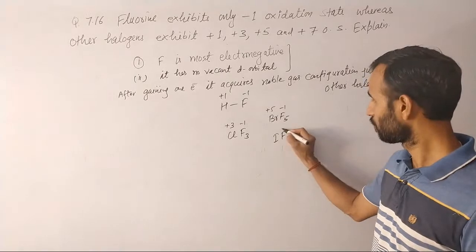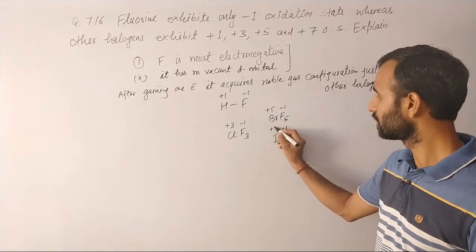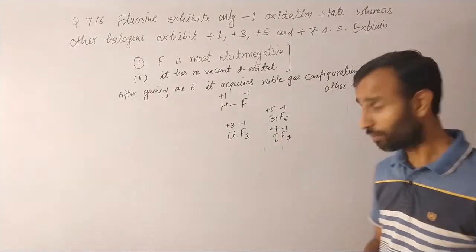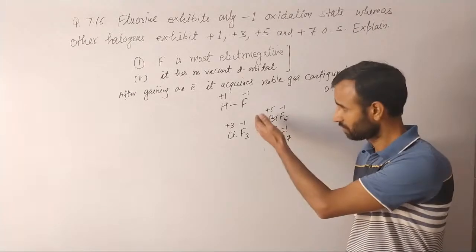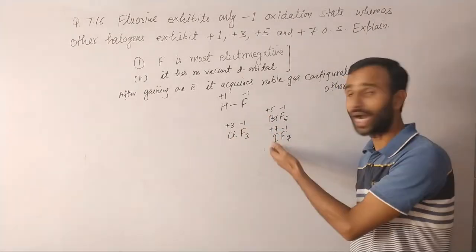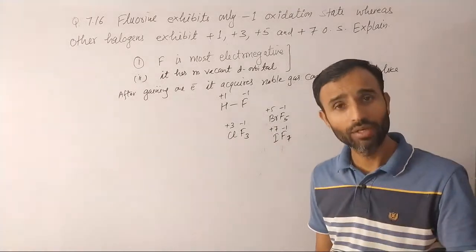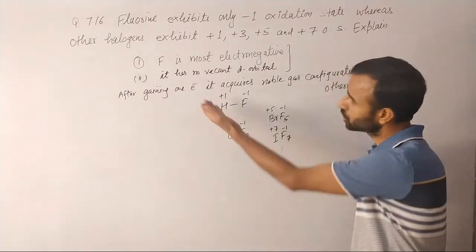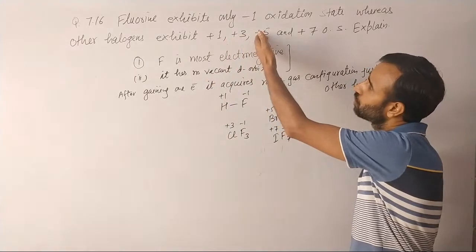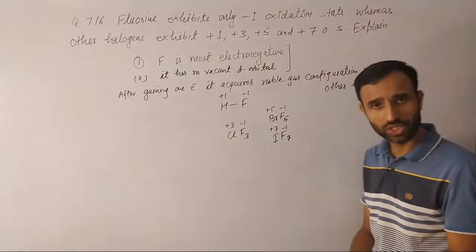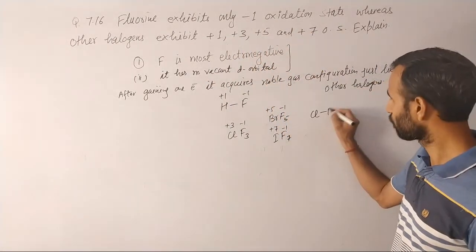IF7, fluorine is -1 and iodine is +7. That means other halogens, bromine, chlorine, iodine, can exhibit +1, +3, +5, +7 oxidation states, like in ClF.